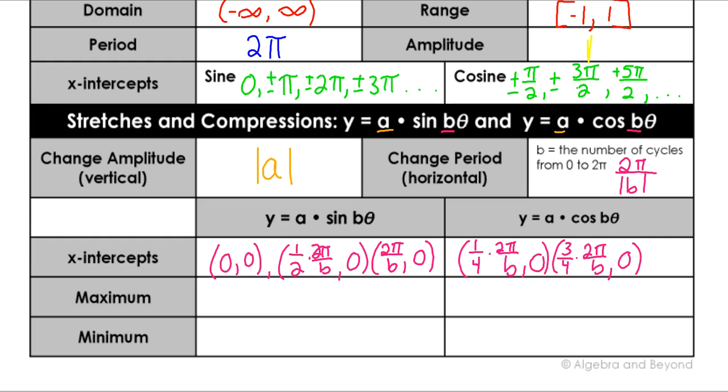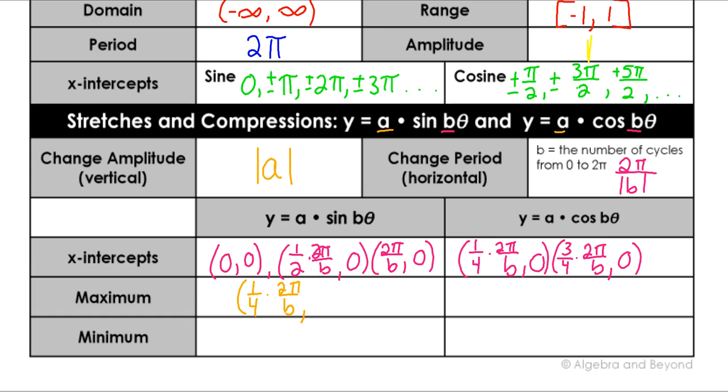All right, our max and min. Our max and min are going to change when the amplitude changes. So the maximum on the sine function happens in between those x-intercepts. So that would be at 1/4 times 2 pi over b.